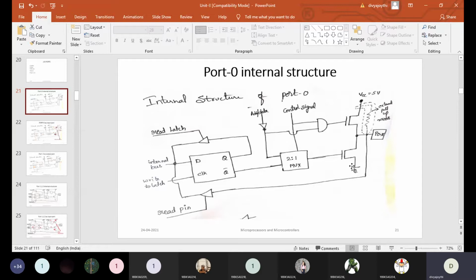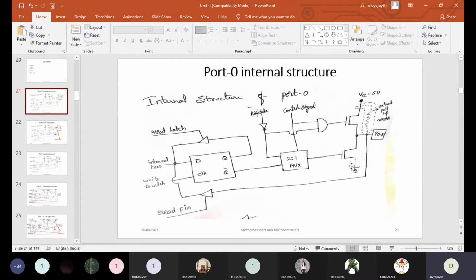Now all these pins of each and every port can act as input pins or as output pins. I am particularly talking about port 0. So how do we identify whether a particular pin is acting as an input pin or an output pin?